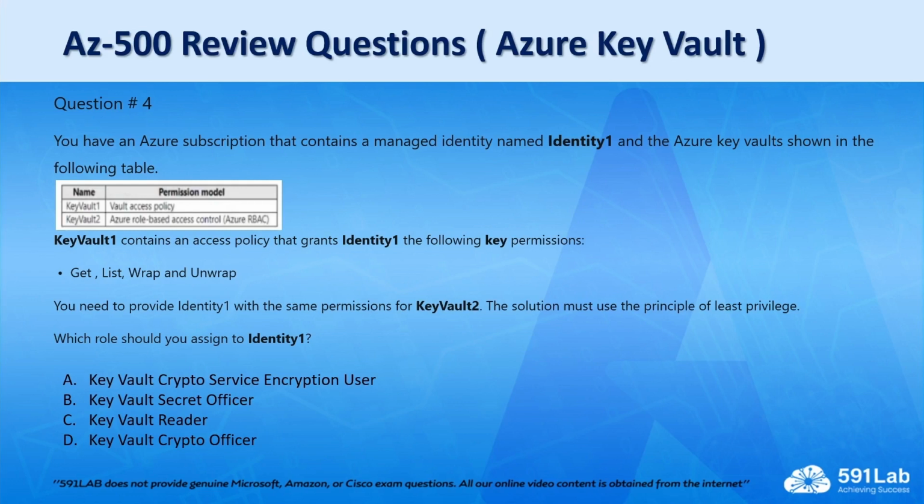Since identity 1 has access only related to the keys, and if you look at the roles here, Key Vault Crypto Service, Key Vault Secrets, Key Vault Reader, and Key Vault Crypto Officer, we know Key Vault Crypto Officer is a role which has the ability to perform any operation for the keys inside the Key Vault. So our answer should be Key Vault Crypto Officer. Yes, this is our answer.